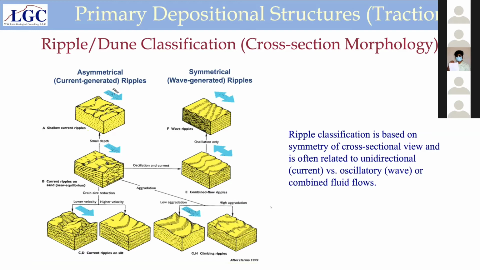I've got a video here I'll show in a little bit where you can see that there's a pulse of the wave that pushes the ripple one direction, and then it comes back in the opposite direction. There still is an overall transport direction, so the cross-bedding will probably dip mostly in one direction, but the ripples tend to be a little bit more symmetrical.